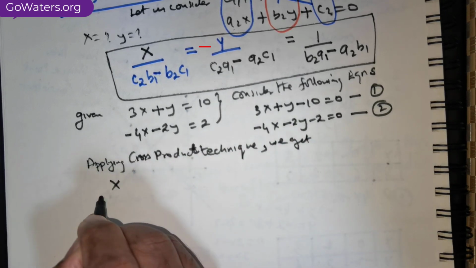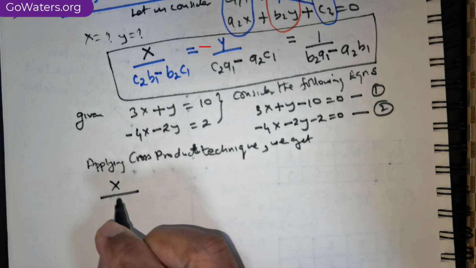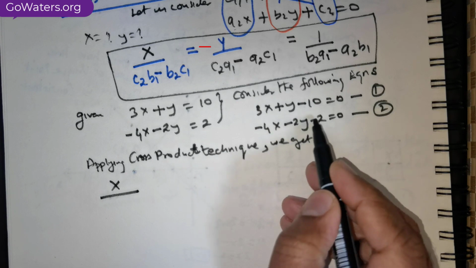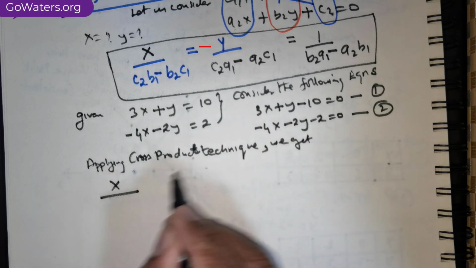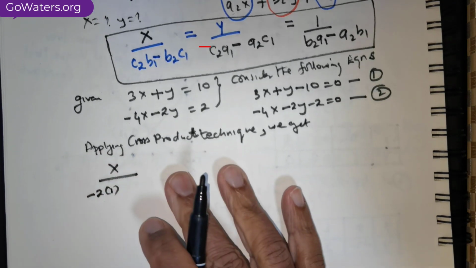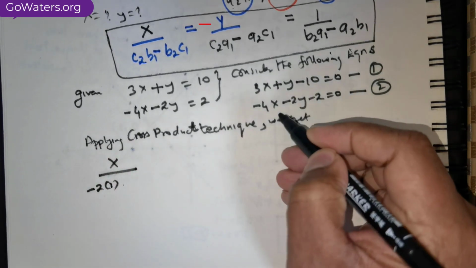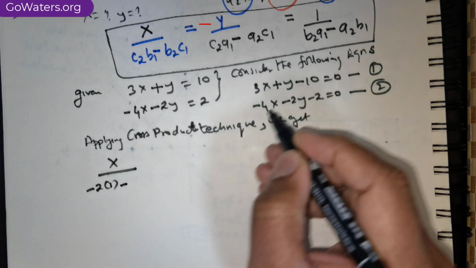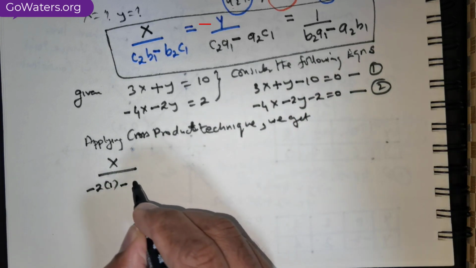so place x divided by, leave this column, whatever you got: negative 2 times 1, since the coefficient of y is 1, followed by, if you are multiplying from the left, you place a negative sign, and then negative 2 times negative 10.